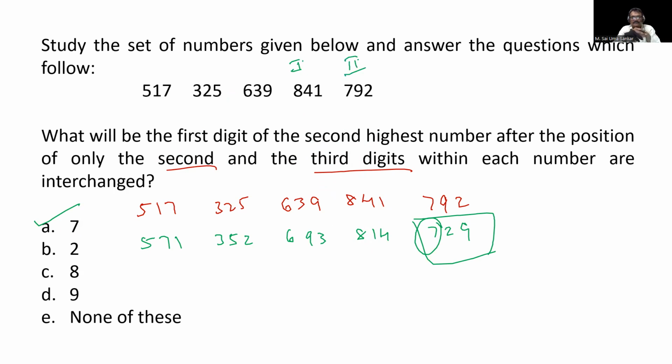What is the question? What is the first digit of the second highest number? Whether you interchange these two digits or not, the second number should be equal to 792. What is the first digit of 792? That is equal to 7. 7 is the correct answer. That's it.